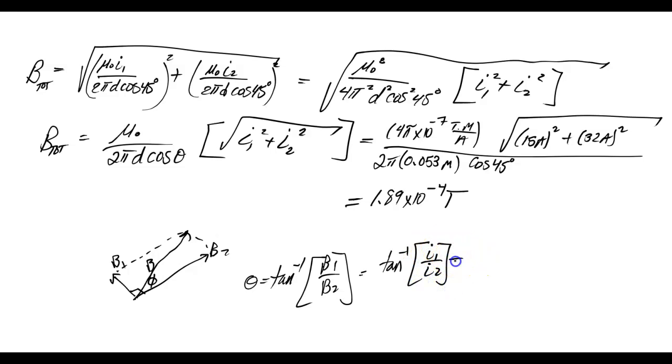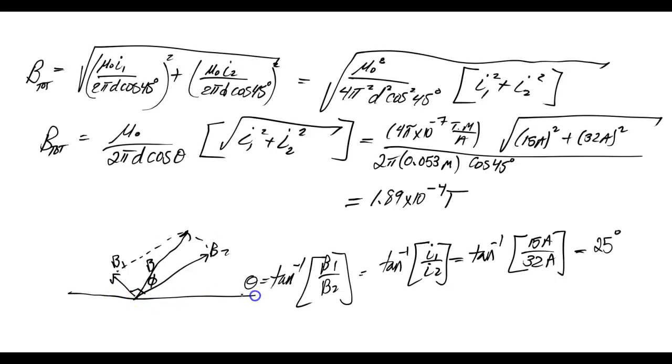Everything else cancels, which is tangent inverse of I1, which is 15 amps, over I2, which is 32 amps. And that gives us an angle of about 25 degrees. But notice that B1 and B2 are still 45 degrees from the axes.